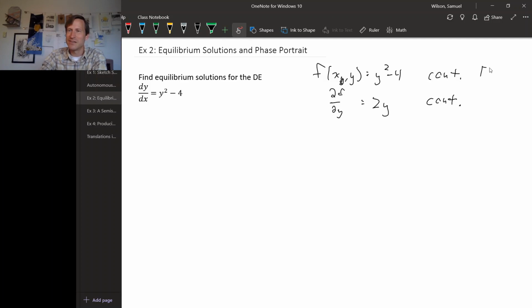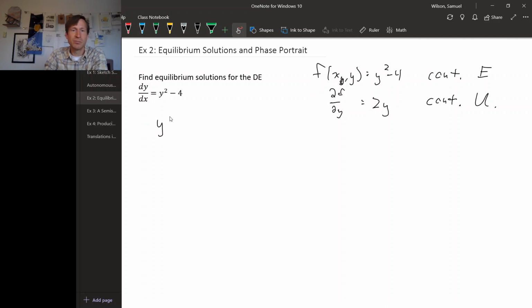So we're going to have solutions that exist for every initial condition, and we also are going to have unique solutions for every initial condition. Okay, with that in mind, let's go ahead and find the equilibrium solutions.